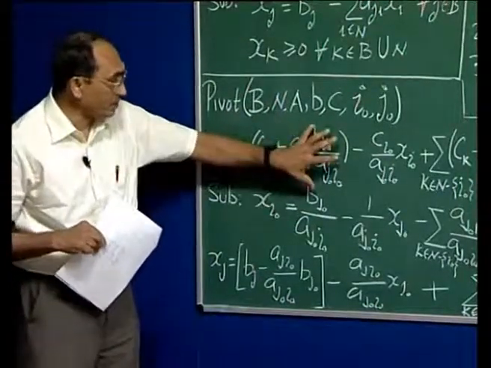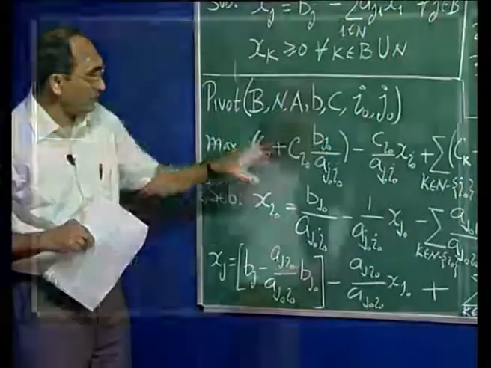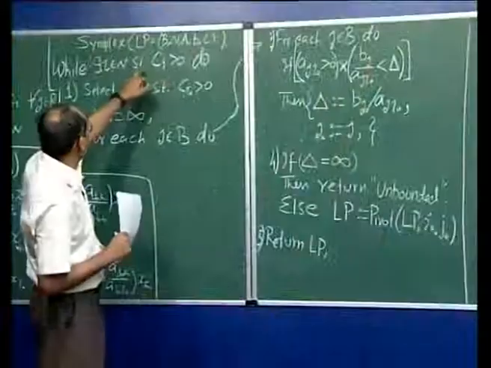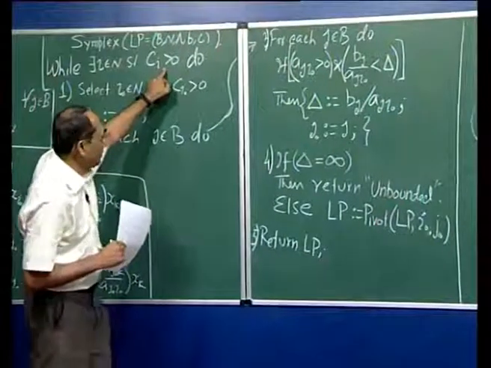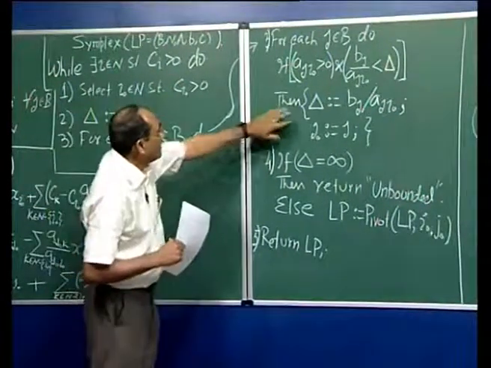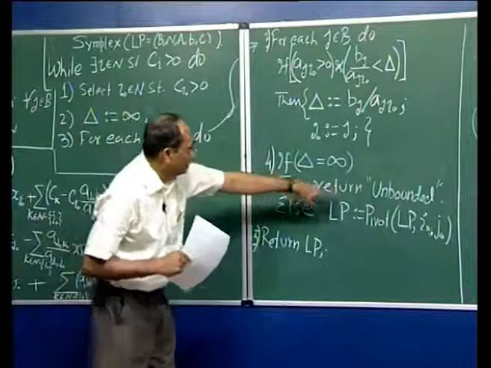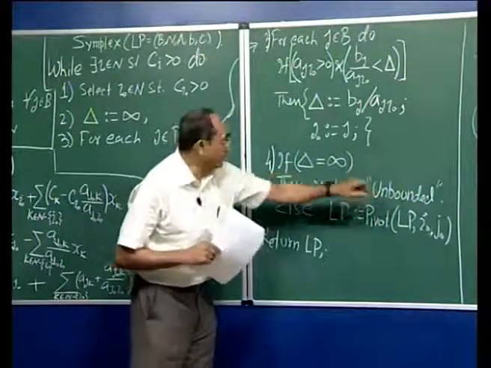So it may be 0, but otherwise it can only increase. These are the two ways actually for termination. One is that all these are negative, and second that the solution turns out to be unbounded.